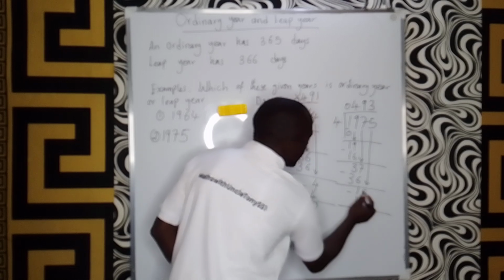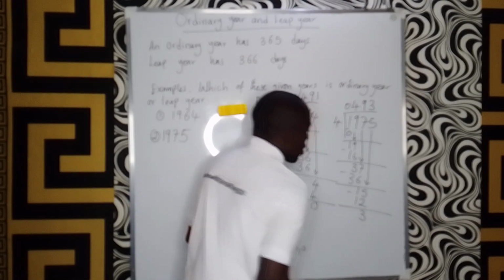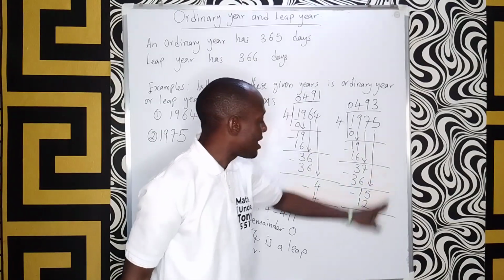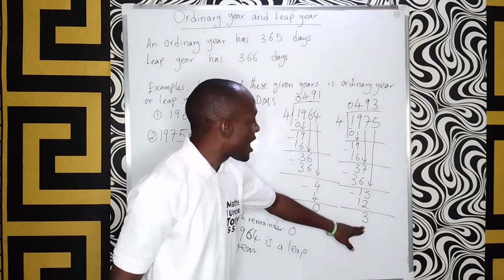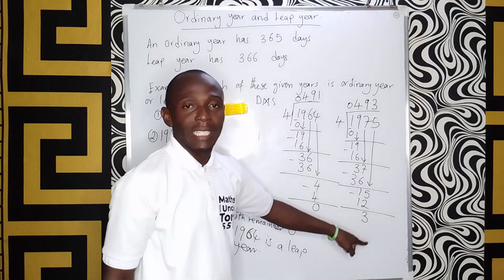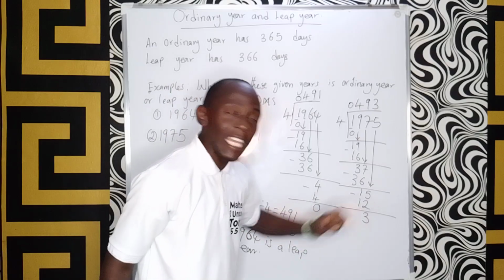We subtract. 15 take away 12 gives us 3. This is the last number. We don't have any other number again. We have exhausted the number. This is the remainder, because 4 cannot go into 3. So 1975 has a remainder of 3.